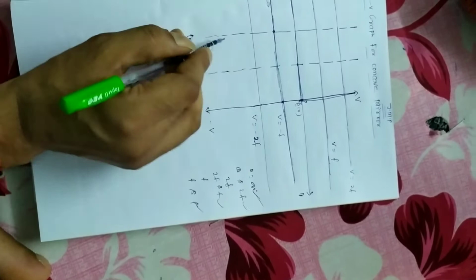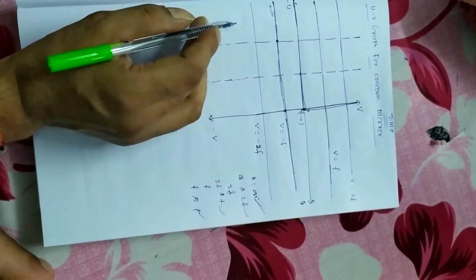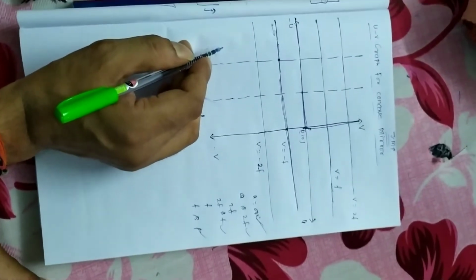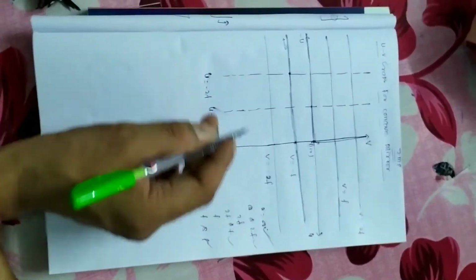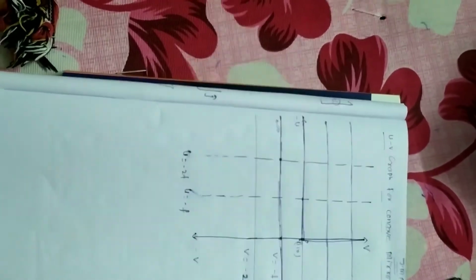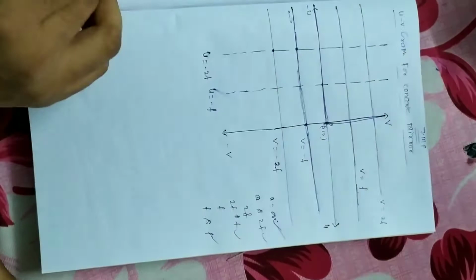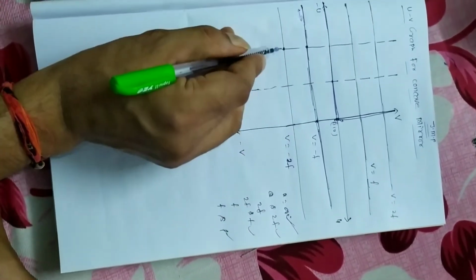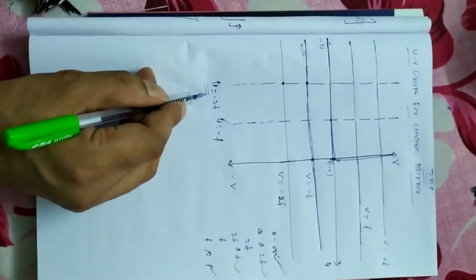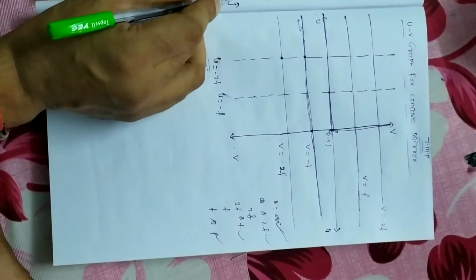When the object reaches 2f, at that time object and image are both at the same point. It means this will be object and image. Why? Because for the object this is 2f, and for the image also this is 2f, right?